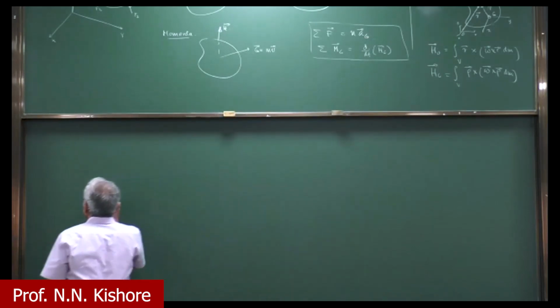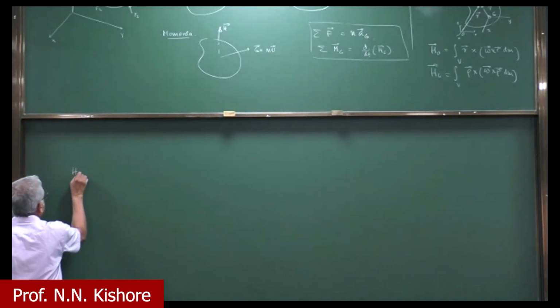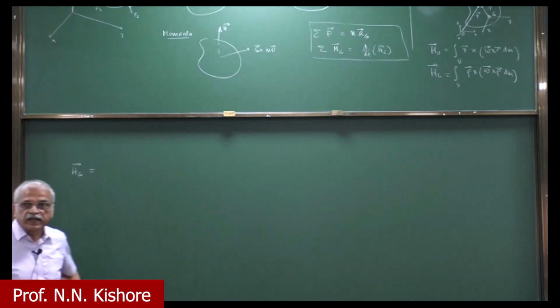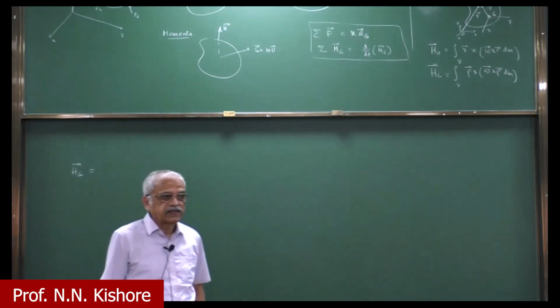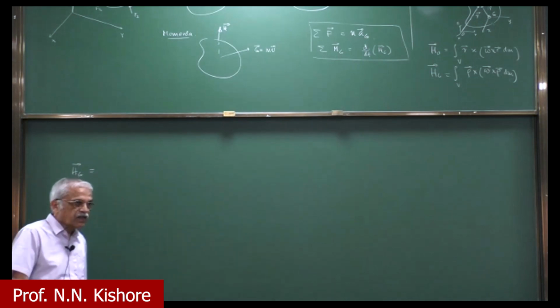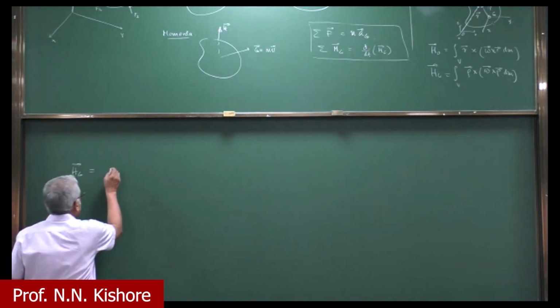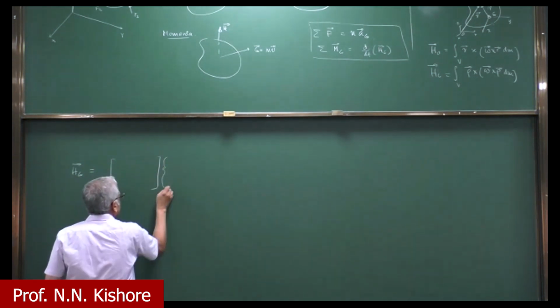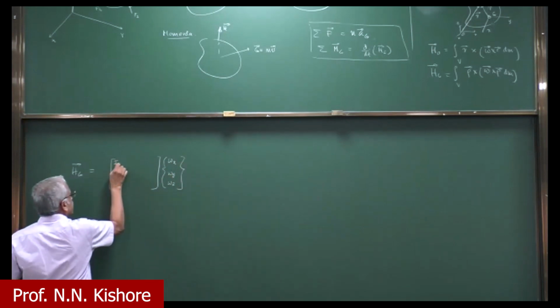So that we went on to say the Hg, we have derived it taking the omega and rho as vector products. If you recall, we put it in the matrix form, and this is the inertia.